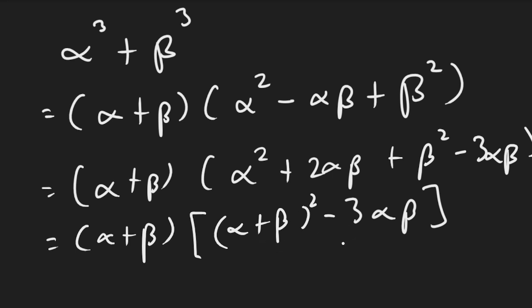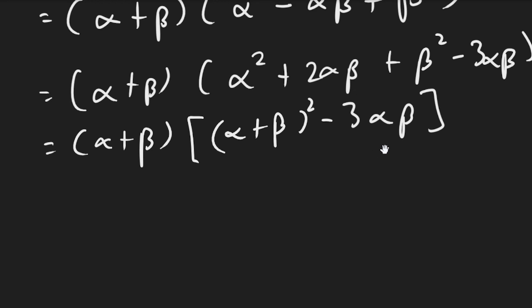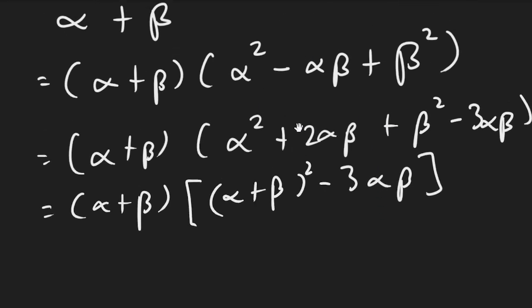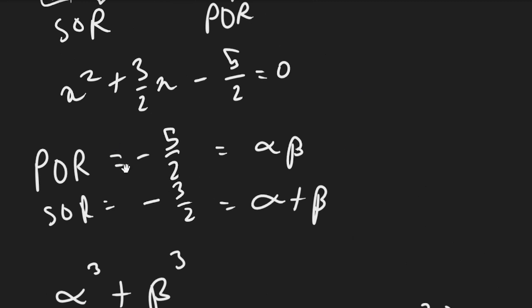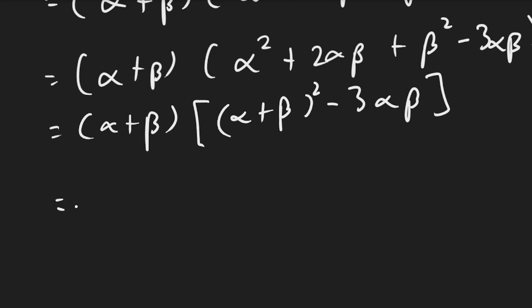So from here we have our sum of roots and product of roots. This is why I want to make it into alpha plus beta squared, because I want to easily put in our values here. So our sum of roots is negative 3 over 2.